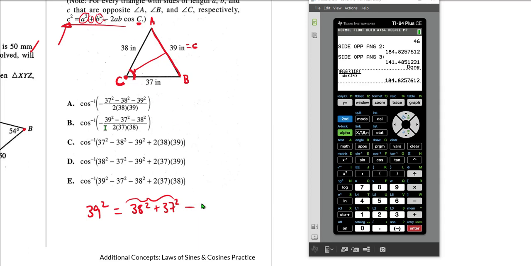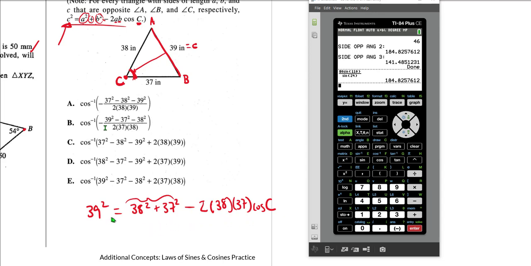Then we have to subtract out 2 times the lengths of the other two sides, not squared in this case. So that's 2 times 38 times 37. Again, it's just the other two sides. And then we have the cosine of angle C, which is what we don't know. So we're just going to write a C there.